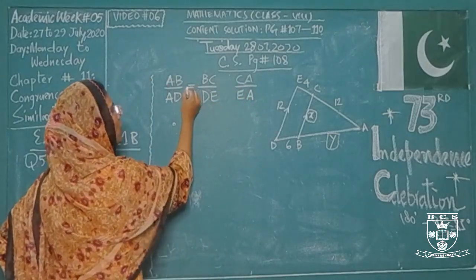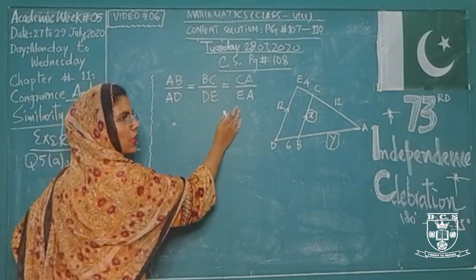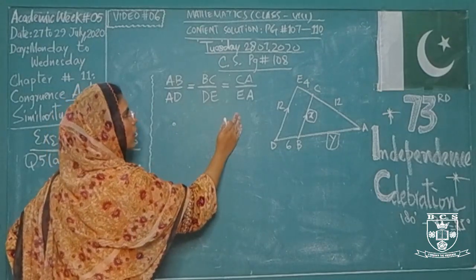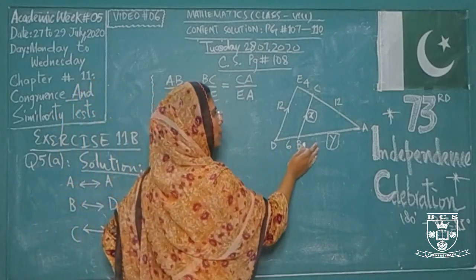Now according to the similarity test number 2, SSS, all these 3 sides and their ratios are proportional, meaning the 3 different fractions are equal. Now we are replacing them with their values that are given in this particular diagram.